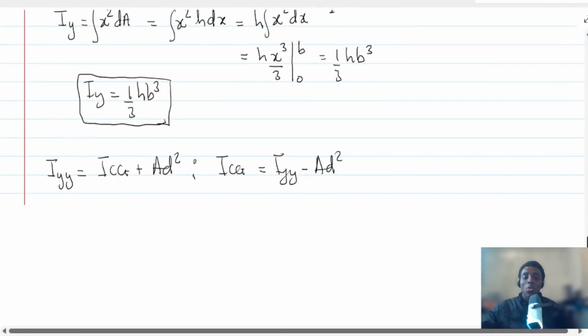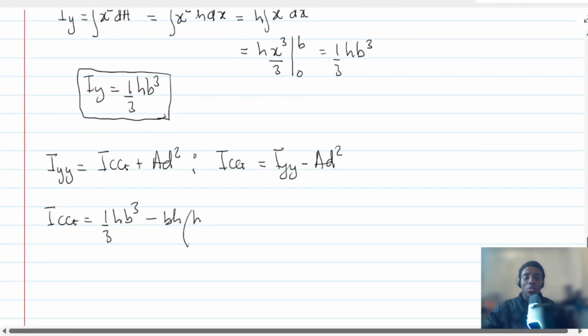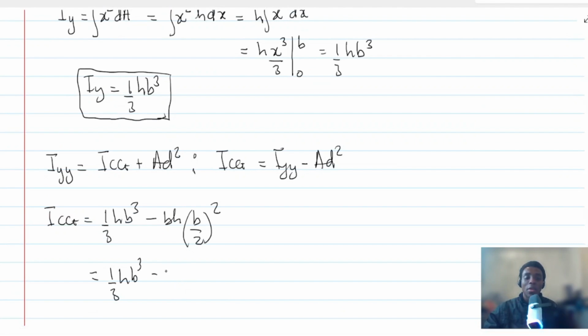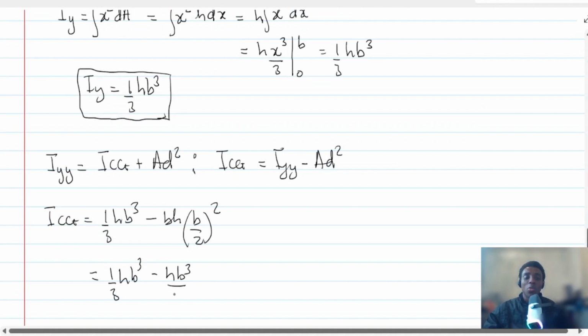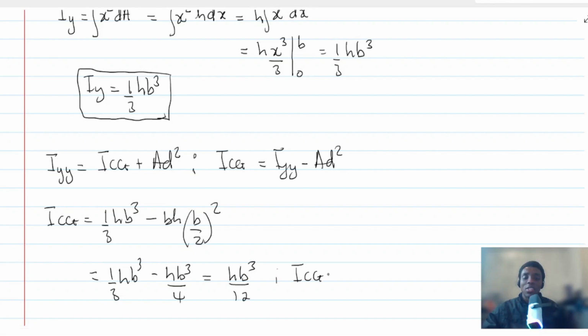So it's going to be b/2, so b/2 squared. Now, if you do the algebra and then you finish up with everything, you end up with h b cubed over 4, which gives you the same thing, but this time around h b cubed over 12. So in other words, ICG is actually h b cubed over 12 along the y.